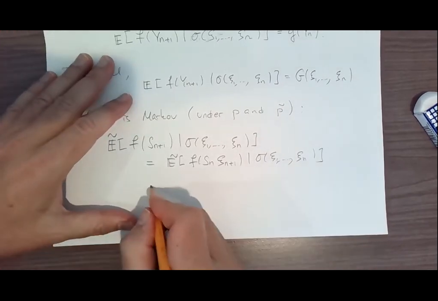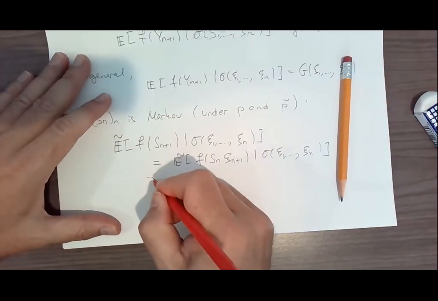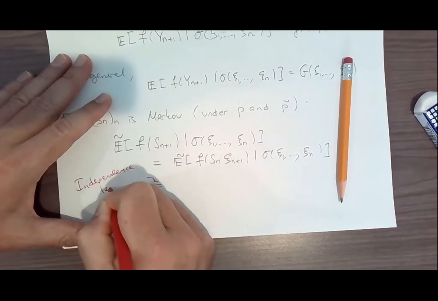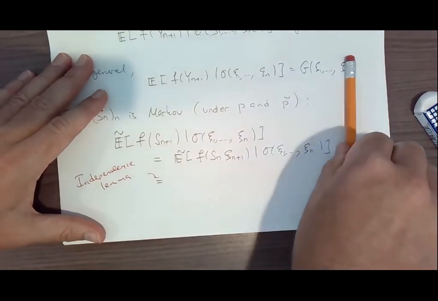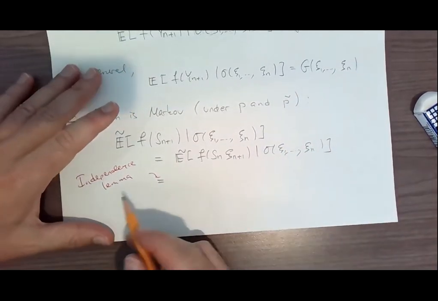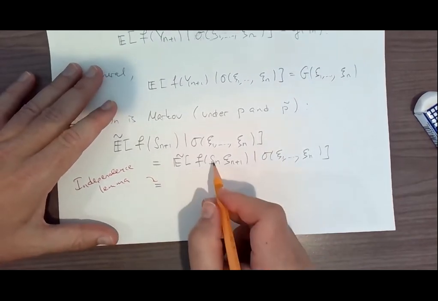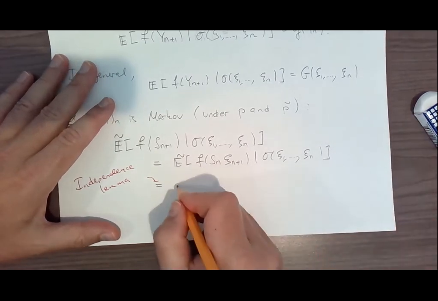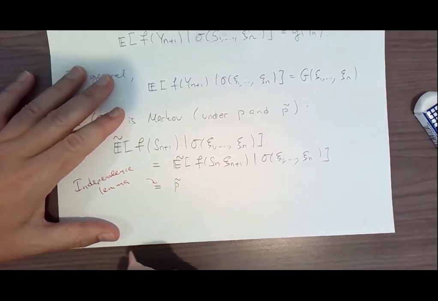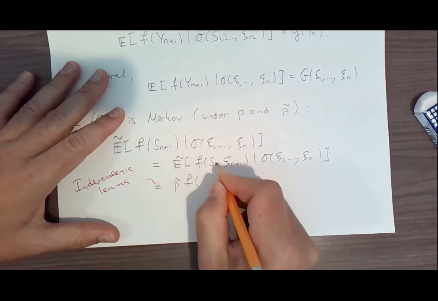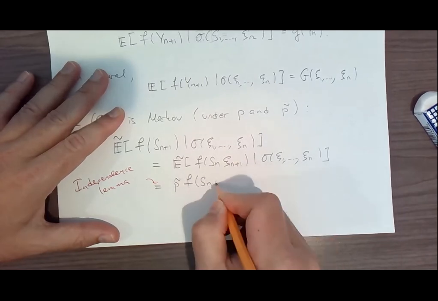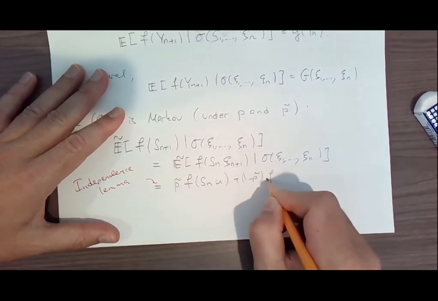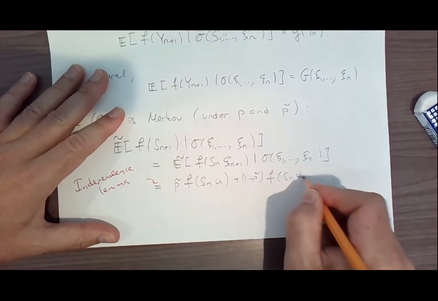Then we'll use the independence lemma that we have used so many times before. When you need something with the Markov property, you basically always have to use the independence lemma. What it says is that you take out what is known and you take the average over the rest. So what you end up with is P tilde times f of Sn u, plus 1 minus P tilde times f of Sn d.